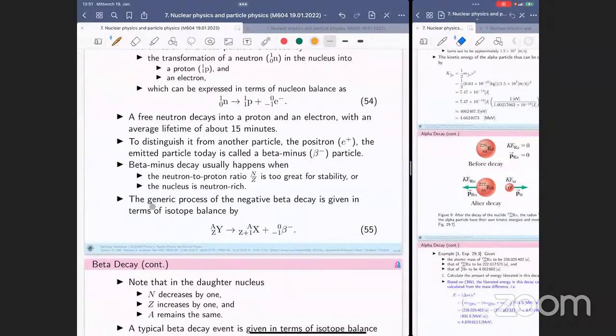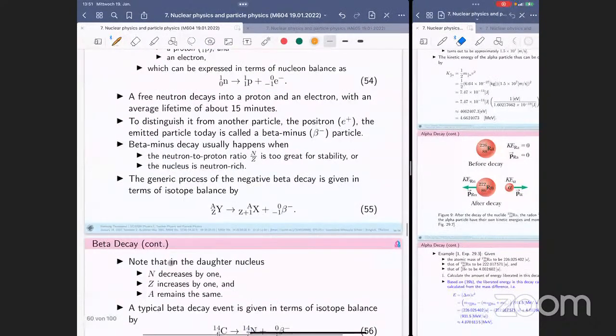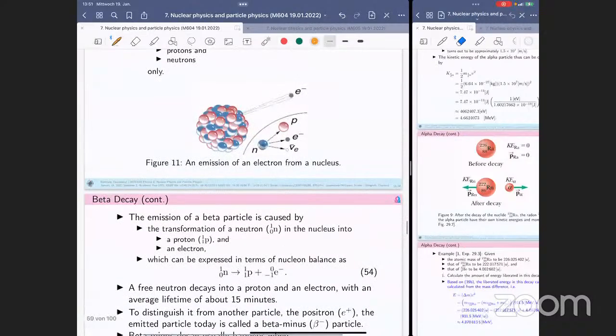In this generic process of beta decay, the number of neutrons decreases by 1, because we lose 1 neutron to a proton. Z increases by 1 because a neutron is converted to a proton, so we have 1 more proton. We lose 1 neutron and we get 1 more proton.